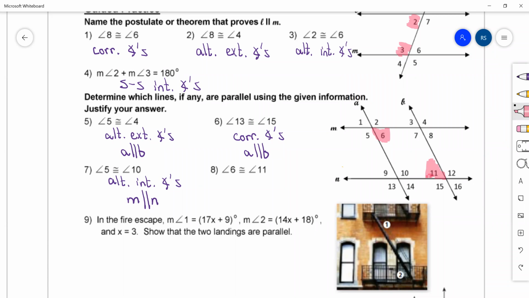Totally didn't plan that, but hey. So, do these tell me anything? No, they don't tell me a single thing. So we're just going to say not parallel because they don't tell me anything.